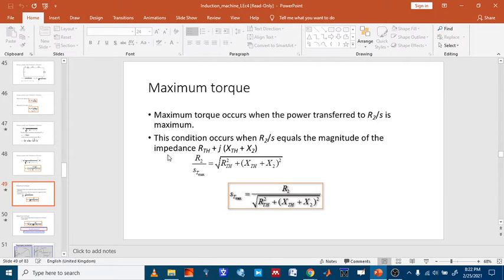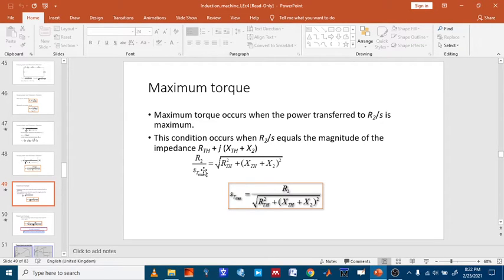When this condition is satisfied, maximum torque occurs.